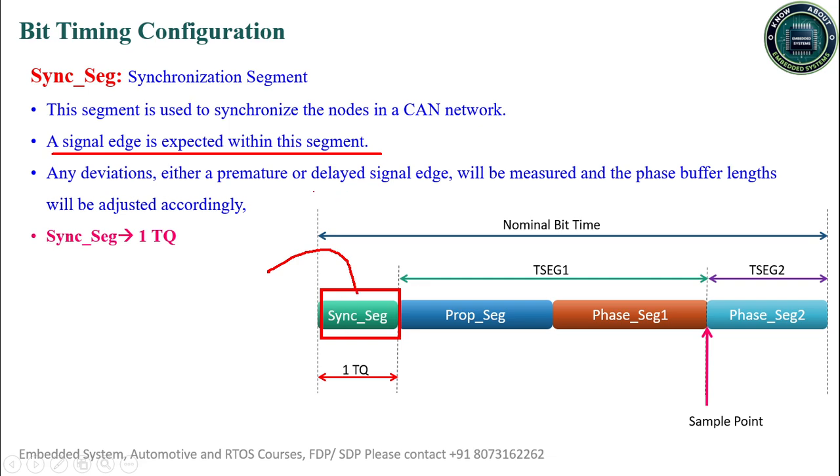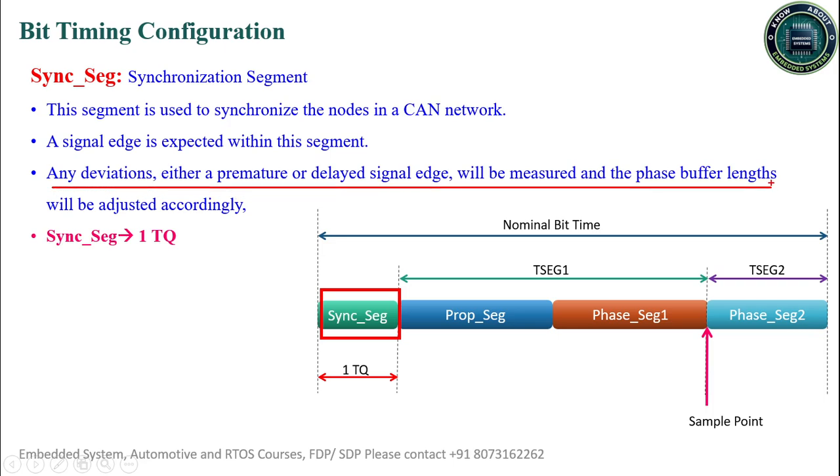If there is any deviation in that alignment, then that's called a premature or a delayed signal edge. Then we have to adjust the timing. It will be measured and adjusted in the phase buffer lengths by adjusting phase segment 1 and phase segment 2.